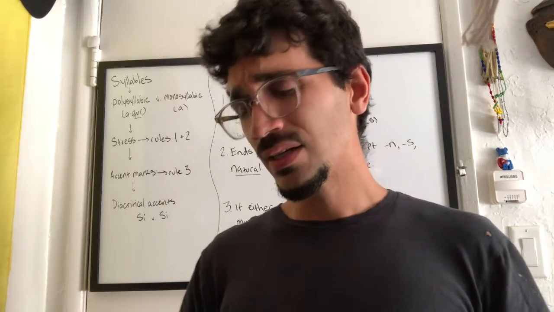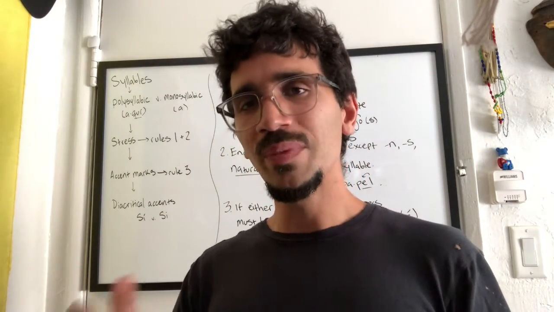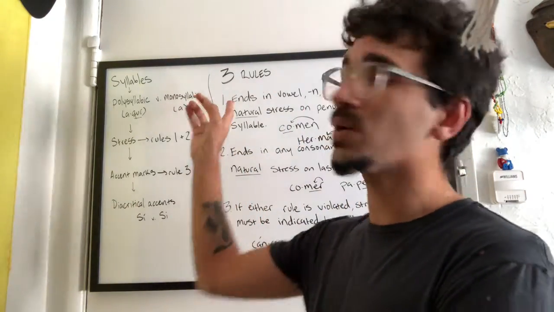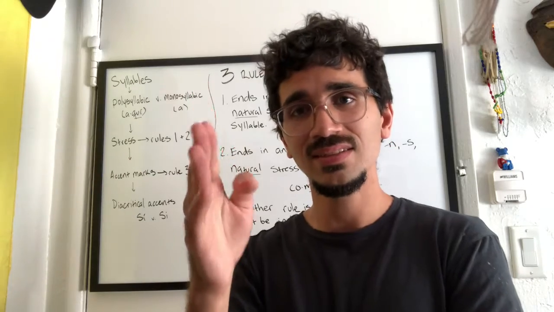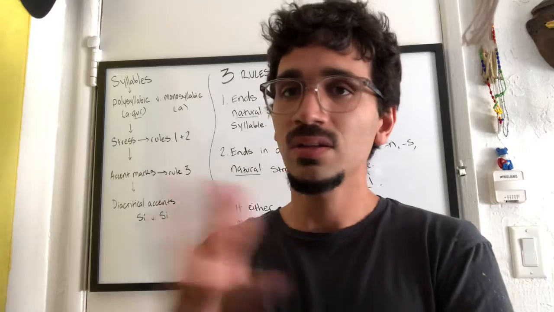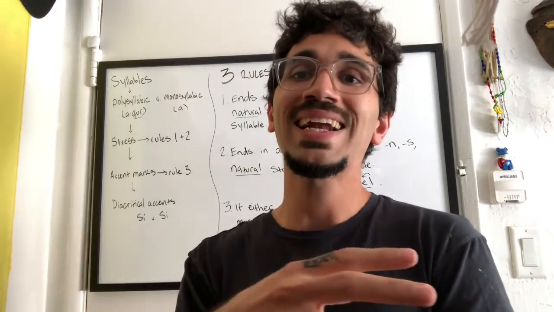So this is the same case with that word I brought up earlier, magnético. Magnético ends with an O, so it tells you by rule 1 the stress should be on the second to last. So it should be pronounced magnetíco. That is not how the word is pronounced. Magnético.